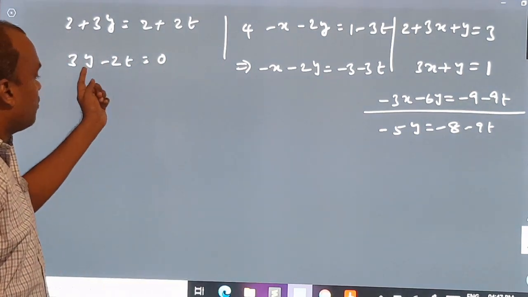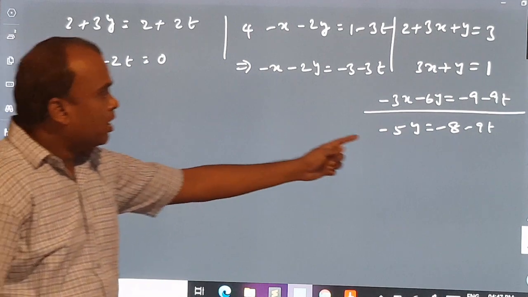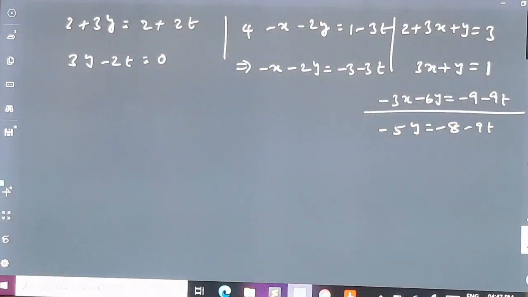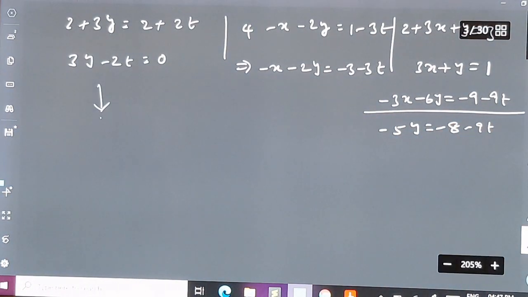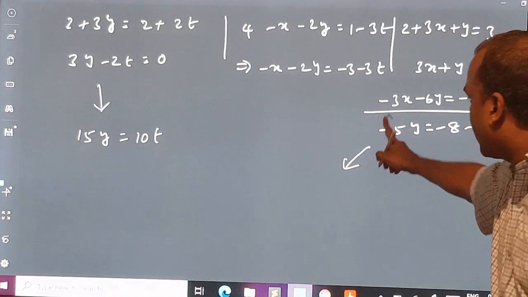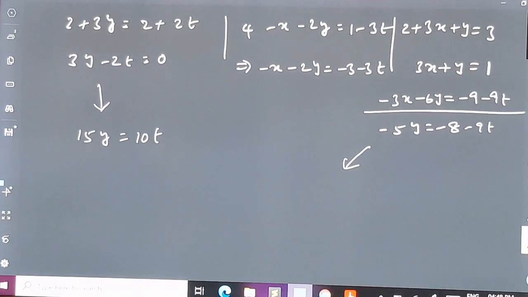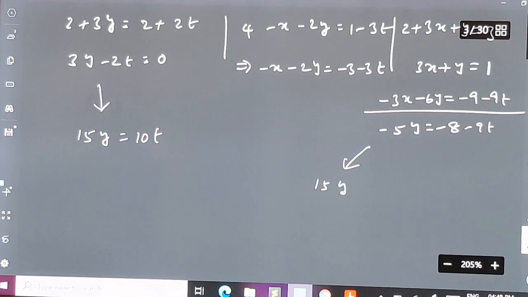So to eliminate y, I multiply this by 5, I multiply this by 3. So multiplying this by 5, I have 15y is equal to 10t. And over here, multiplying this by 3, I have 15y is equal to 24 plus 27t.